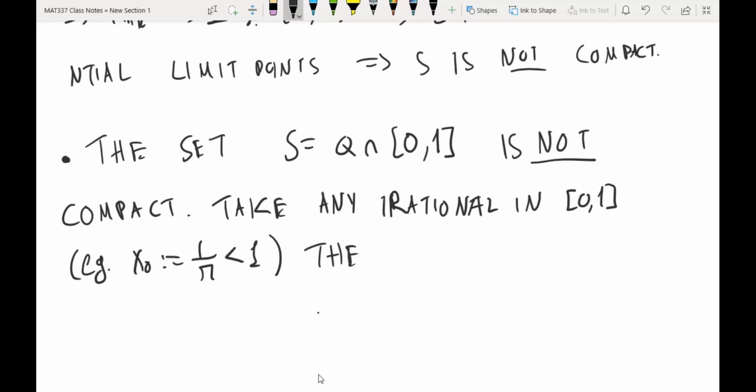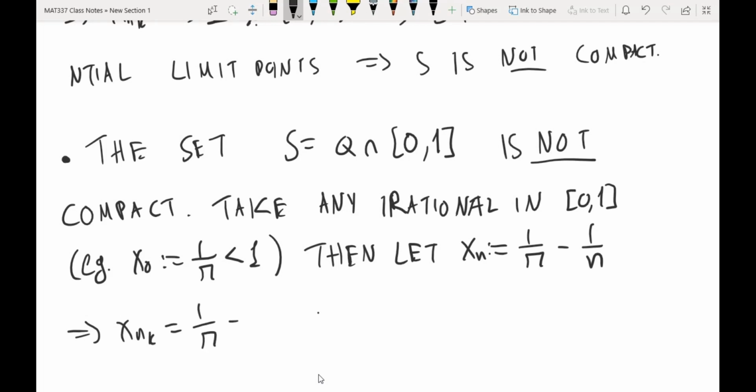Then let x_n equal x naught, so I'll just write 1 over pi minus 1 over n. Any subsequence will be of the form 1/pi - 1/n_k, which goes to 1 over pi, which is not a rational number. Okay.